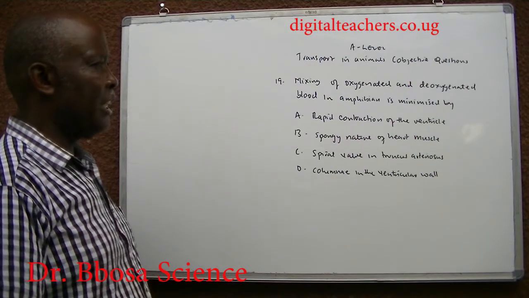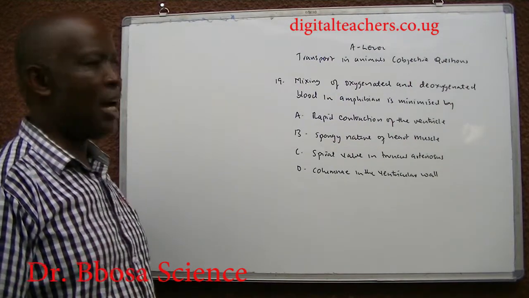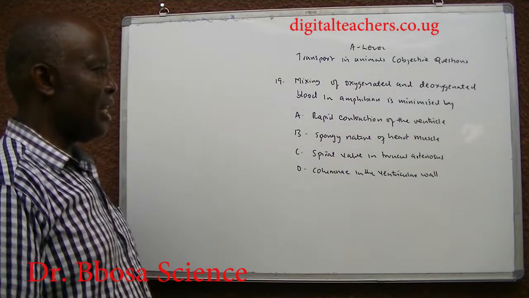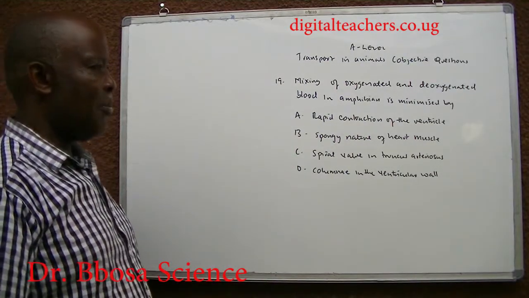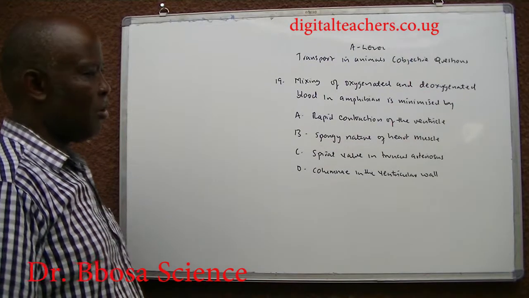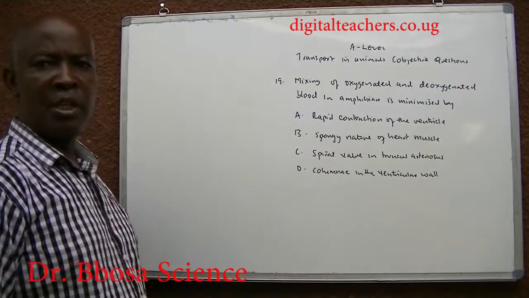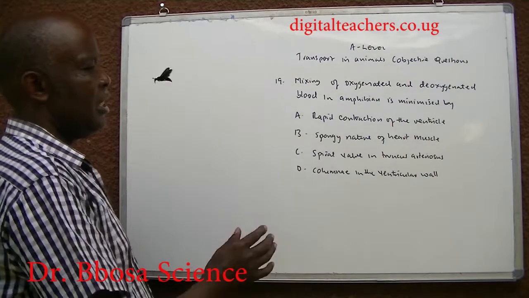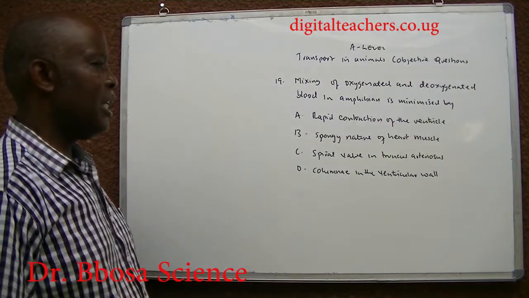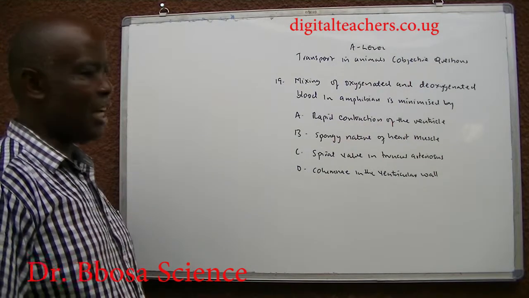Number 19. Mixing of oxygenated and deoxygenated blood in amphibians is minimized by A. Rapid contraction of the ventricle. B. Spongy nature of the heart muscle. C. Spiral valve in truncus arteriosus.